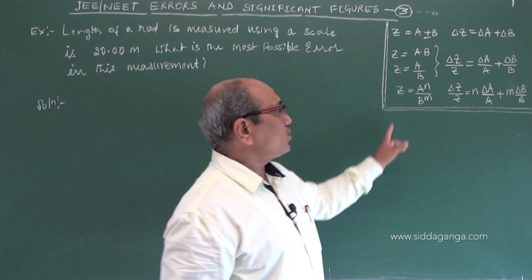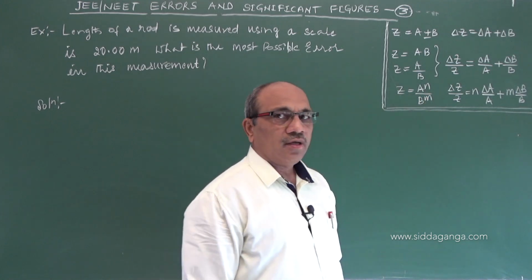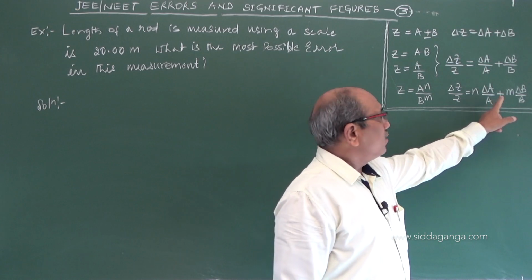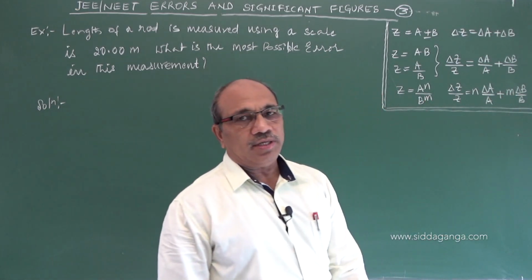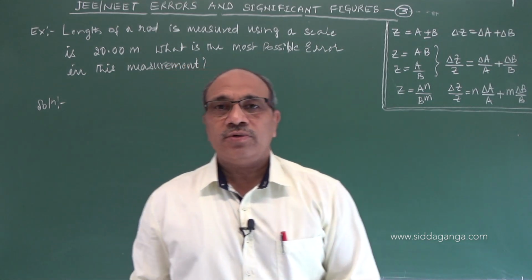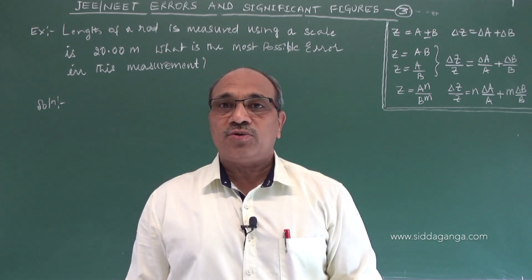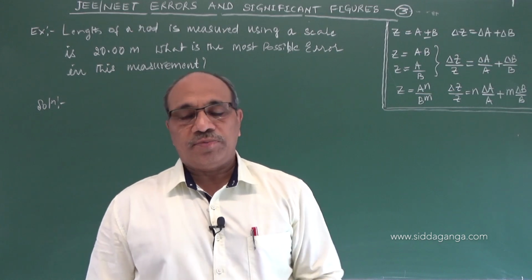If it is raised to the power n, in the numerator or denominator, that is n times the relative error, and for the denominator it may be plus m into delta b by b. So with these relations, in this video we discuss some questions which have already appeared, because I told you one question is sure in the entrance paper on this topic.